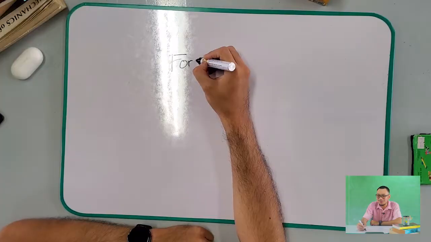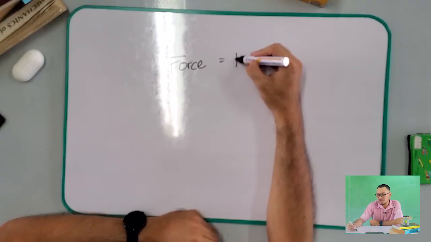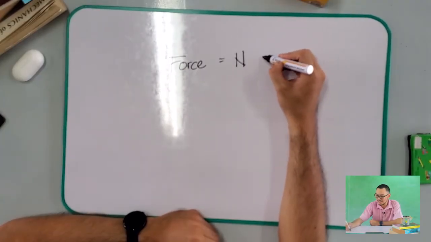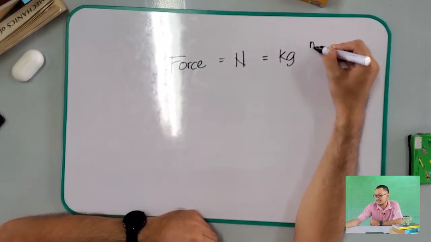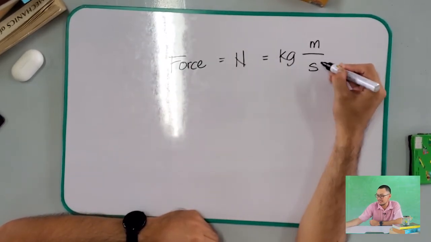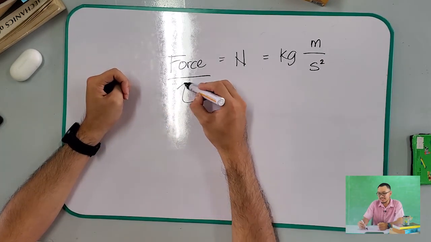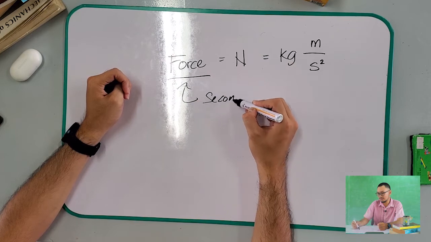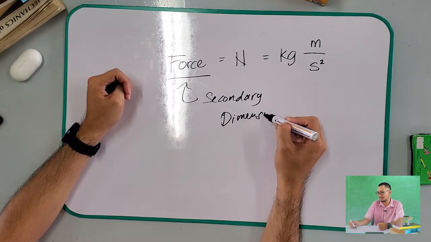So you have the secondary dimension force. And karon, makibaw na siguro mo unsa ang force, that is actually newtons. Ang unit sa force is newtons and that is equal to kilogram meters per second squared. So kani atong force is a secondary dimension. Ano man?